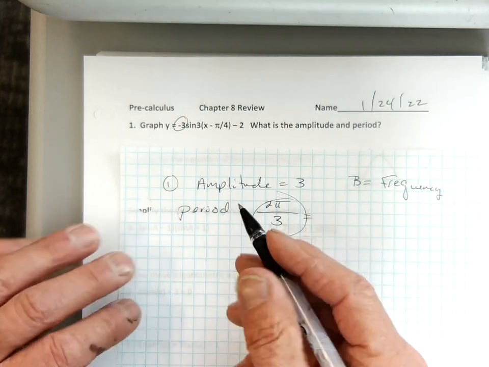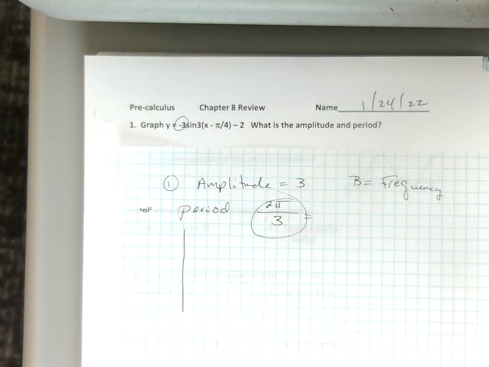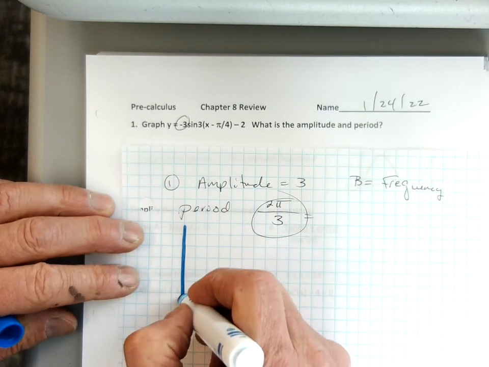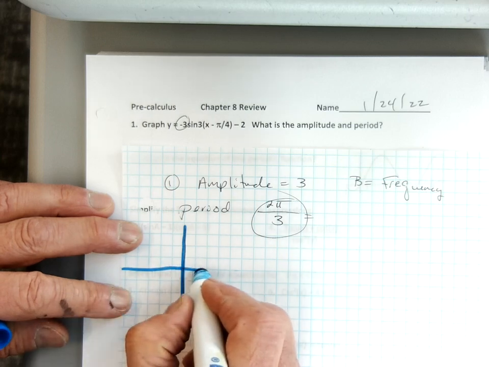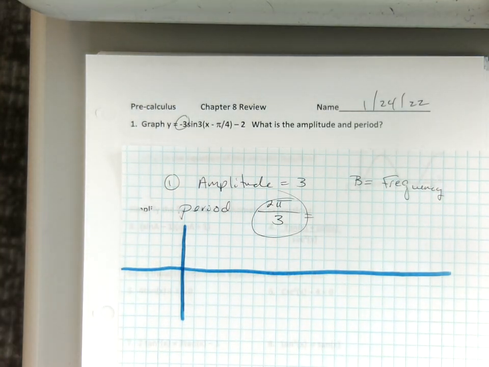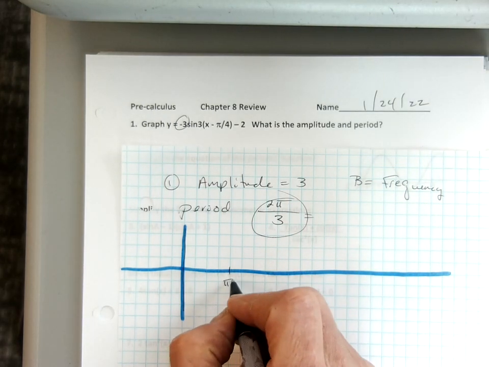Okay, so then if I know that, I'm going to do my axes a little bit different. I'm not going to go by pi halves, but I'm going to go by thirds, okay? So I know I'm going to have a width of 2 pi thirds, so we'll go pi thirds.